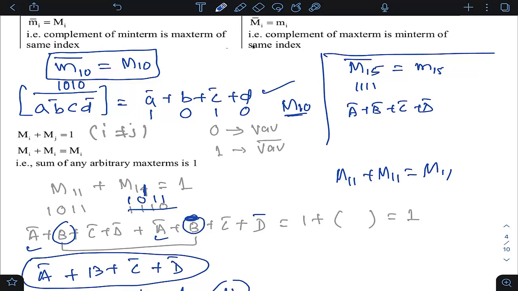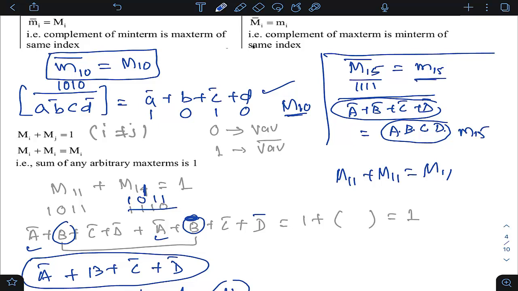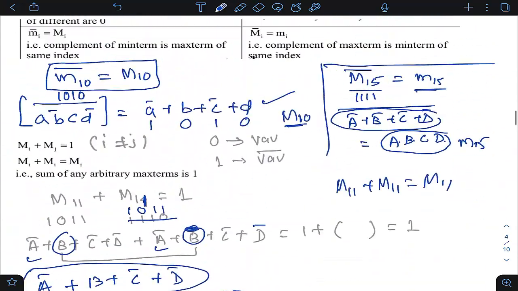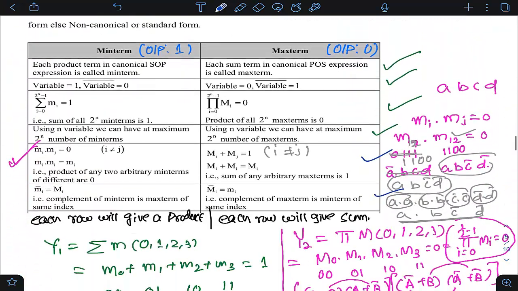If you take its complement, you get A, B, C, D. This is a sum term, it was a maxterm; now it is a product term, a minterm. A, B, C, D is definitely minterm 15. So maxterm 15 complement is minterm 15. These are the properties of minterms and maxterms. I suggest all of you memorize all these 6 properties, since in many situations we have to make use of them, right?